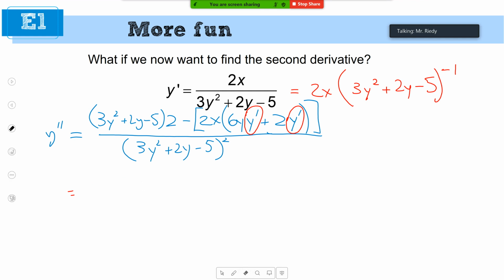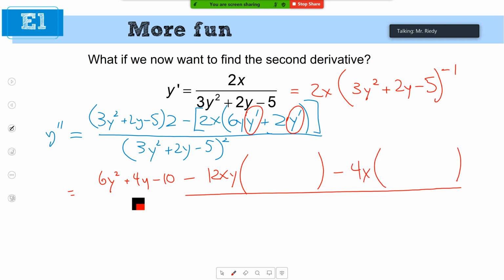Hold on, I lied. Let's go 6y squared plus 4y minus 10 minus 12xy times, I'll come back to that in a second, minus 4x, I'll come back to that in a second, all over this monstrosity on the bottom.